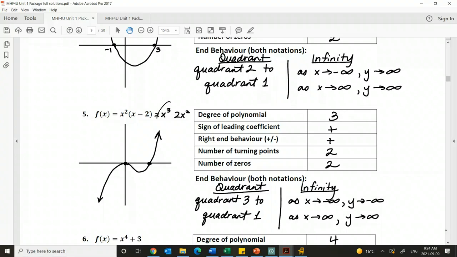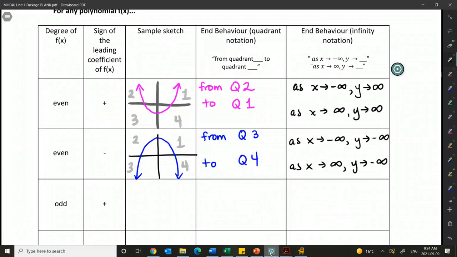Perfect. So this is a good picture of what we could expect something like that to look like. S-shaped, and it's going to go sort of like up to the right, almost like it has a positive slope. If we were to put a line through it, that has a positive slope or positive direction. So that's what we'll get. So odd and positive in general.